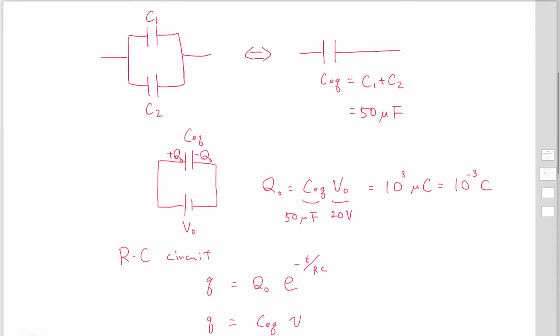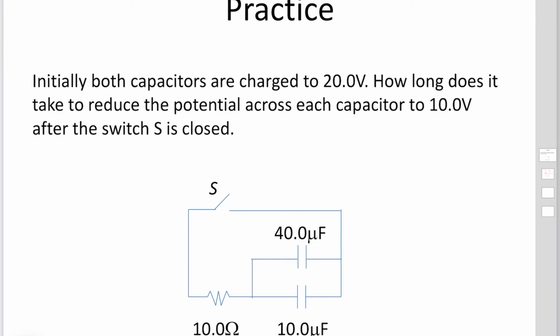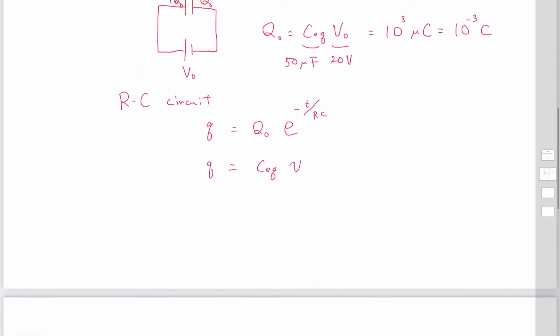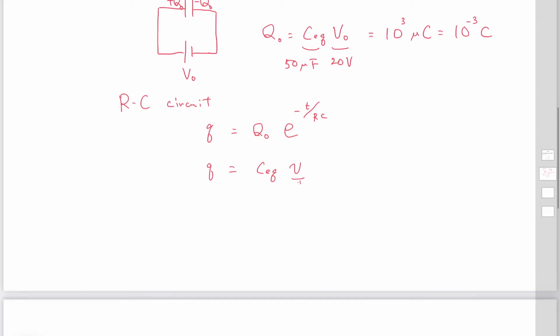The practice said to reduce the potential across each capacitor to 10 volts. So this is lowercase v, and lowercase v is 10 volts. Then using these two equations, you can find it. V equals Q sub 0 exponential minus t over RC.